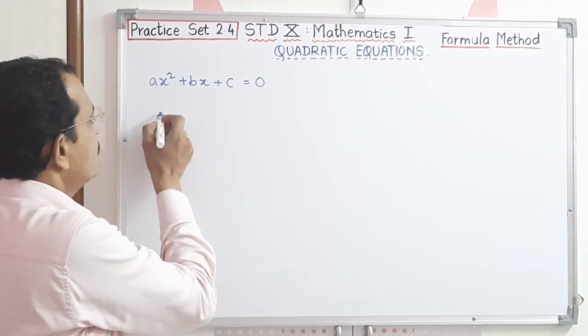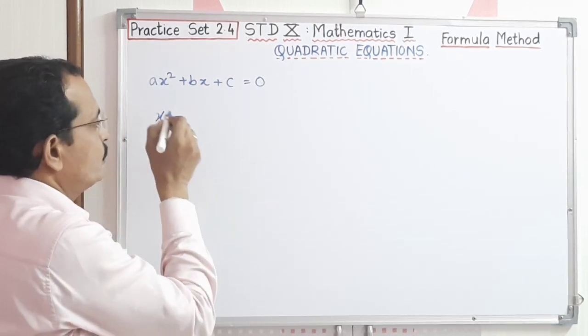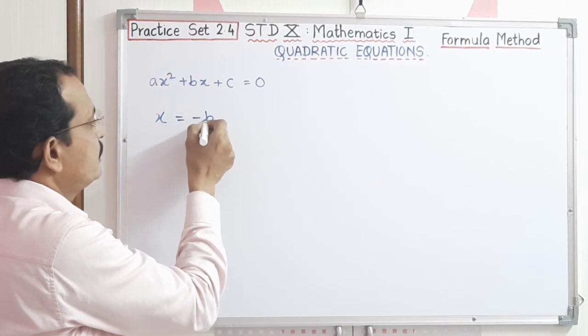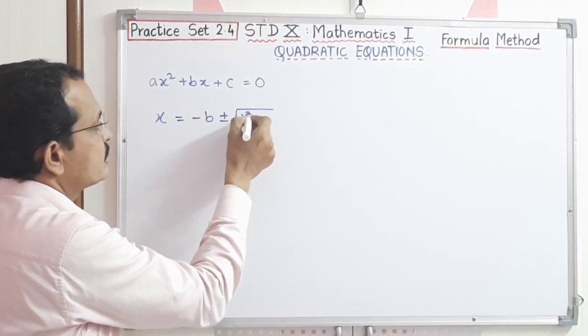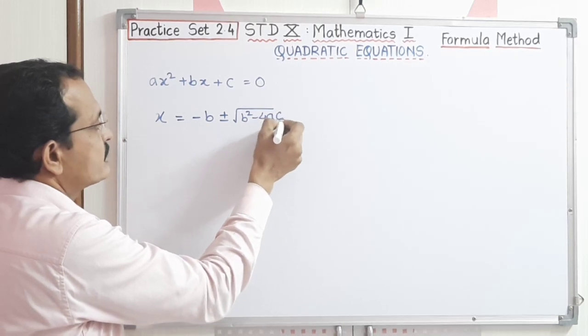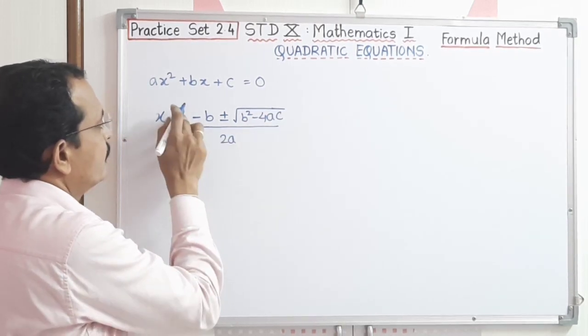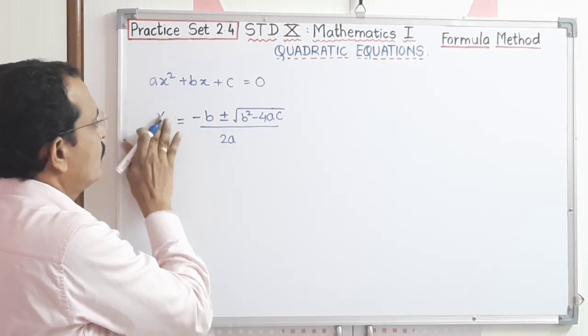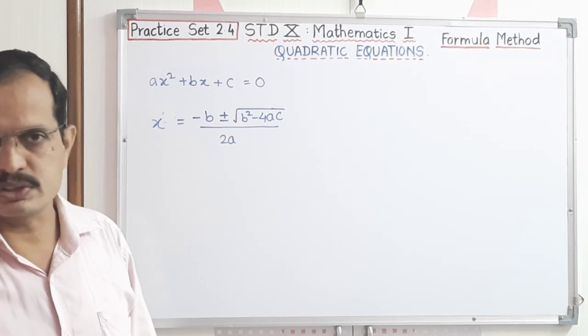In this equation x is used, then x is equal to minus b plus minus under root b square minus 4ac upon 2a. This is the formula to find out the roots of a quadratic equation.